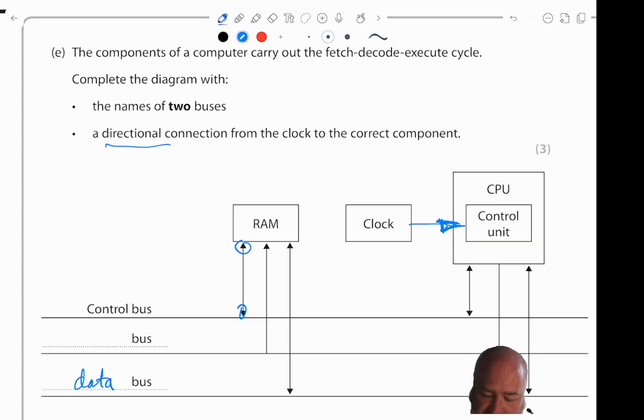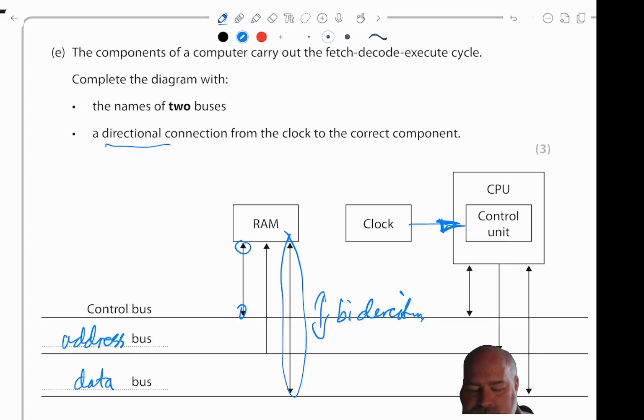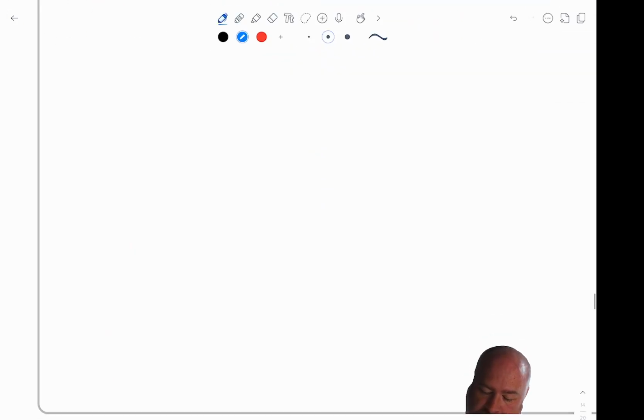So that's a bit confusing of them. But address bus. So yeah, if they ask you a slightly different variation on this, goes both ways. Bidirectional. This is at GCSE level, it's a very simplified version of what's going on, but yeah, that could potentially throw you off, which is naughty of them, to be honest with you.